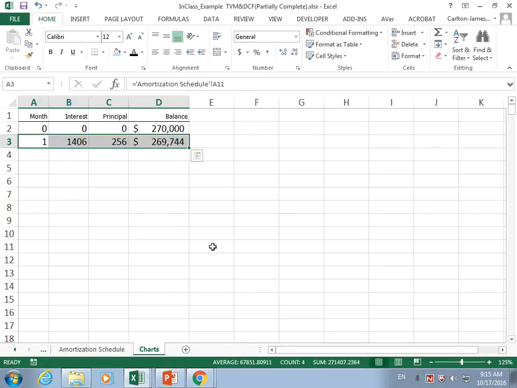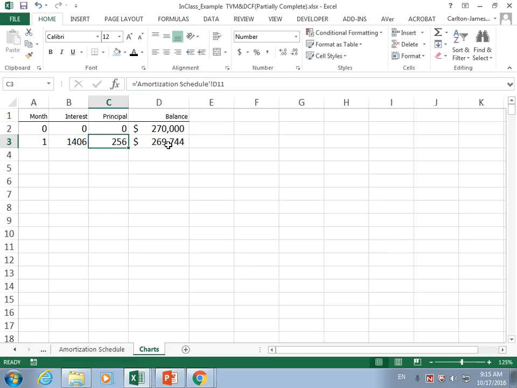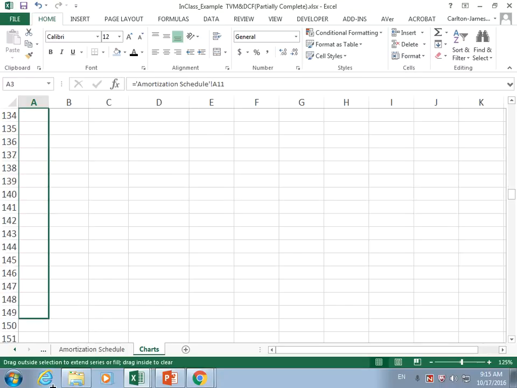I just simply picked what was going on in the amortization schedule, A11, and the interest payment, the principal repayment, and the balance. Right? So we'll just take that down to, I think we went to 371.